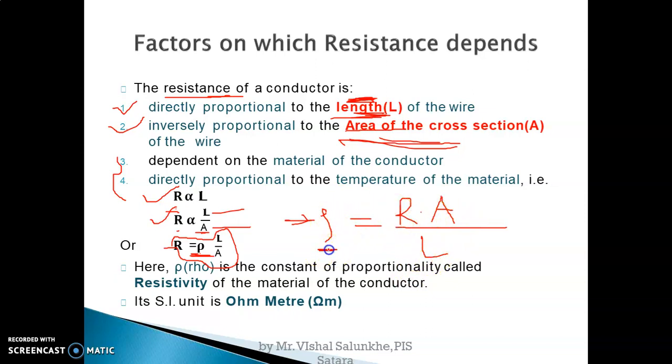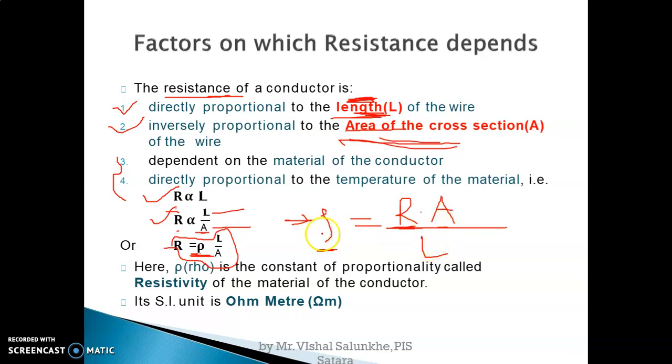How do we define resistivity? Concentrate. Resistivity is defined as the amount of resistance per unit length into area of cross section. This is the first method.